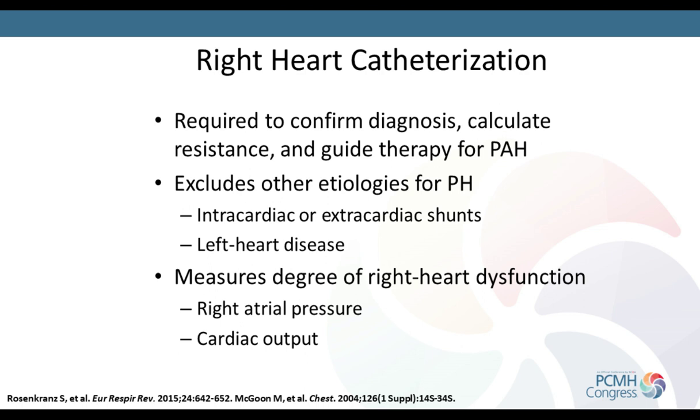An echocardiogram, which is obviously very commonly used, may suggest pulmonary hypertension, but you need to confirm it with a cath. A right heart catheterization is a simple outpatient test that many cardiologists can do, and it's simply measuring the pressures in the pulmonary artery directly, measuring what the heart output is so you can calculate resistance, and then excluding other things like left heart diseases. So that's required to confirm a diagnosis.